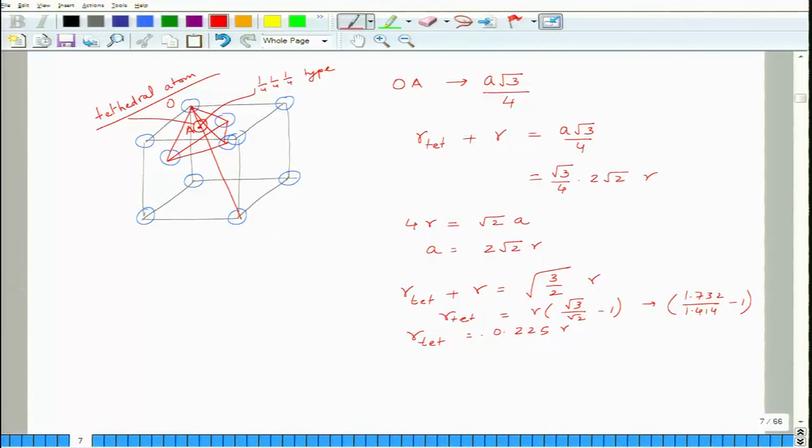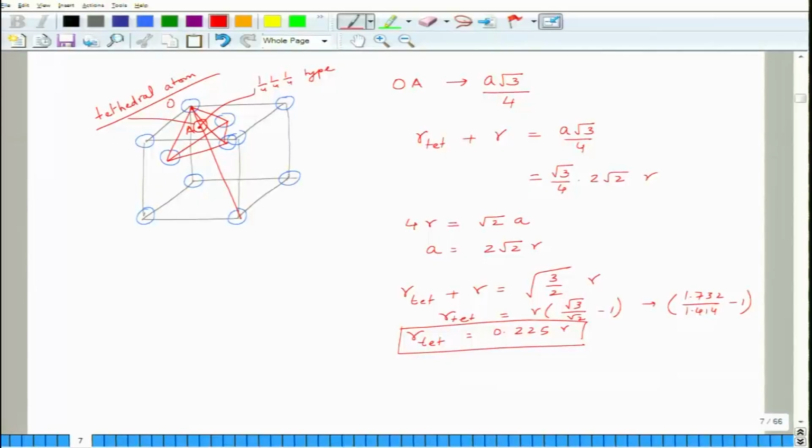So this will be 0.225 R. This is the maximum size of atom that can fit in a tetrahedral void without distorting the tetrahedral void.